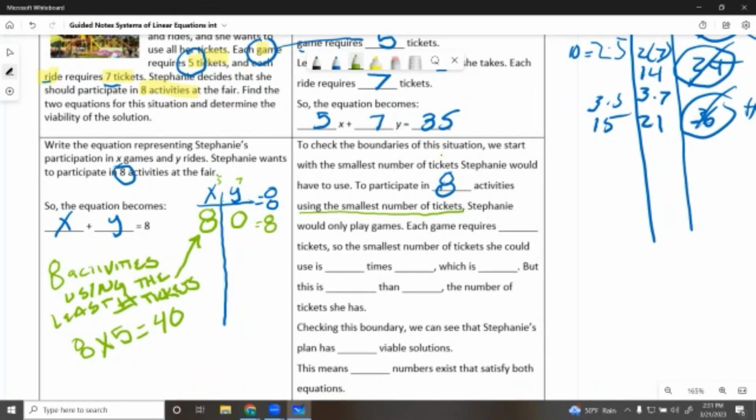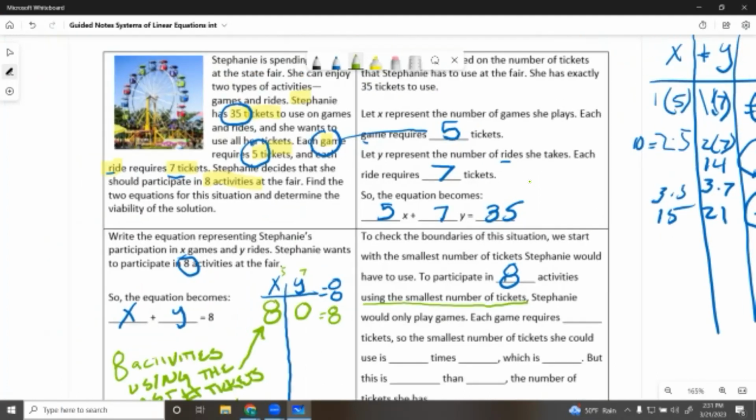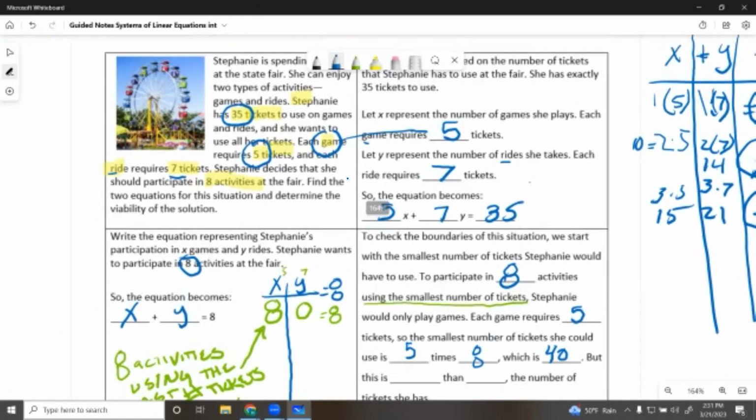Now, Stephanie would only play games. And because each game, I'm kind of backtracking here to fill this in, each game requires 5 tickets. So the smallest number of tickets she could use is 5 times 8, which is 40. We just did that.